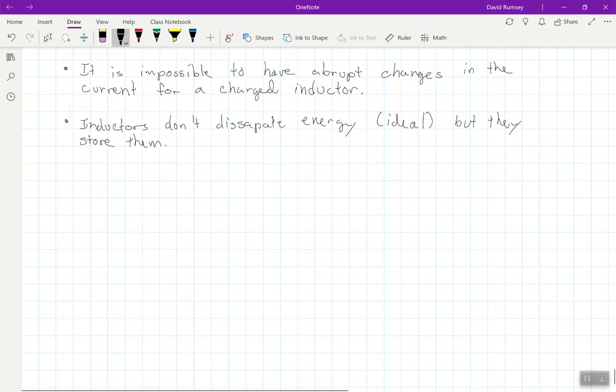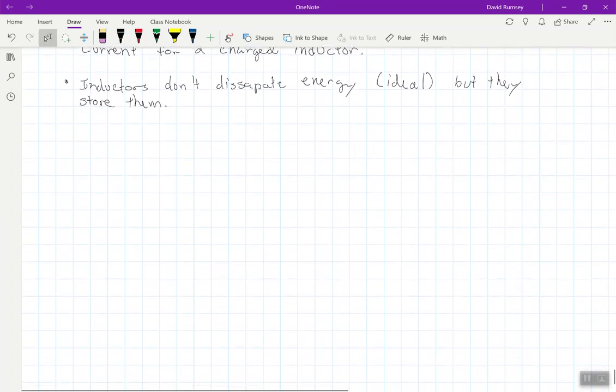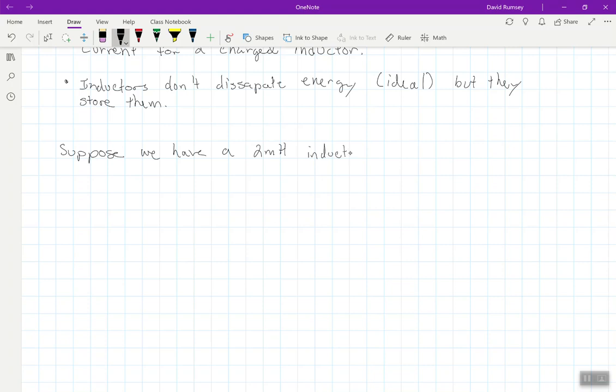All right, so let's look at an example. Suppose we have a 2 millihenry inductor.